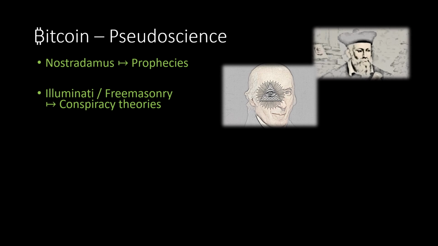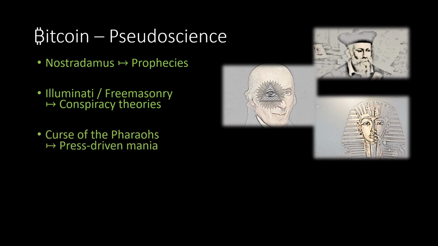Some people might even say Bitcoin had been invented by them, and it's very hard to disprove this, as this is more like rumor-based stories rather than facts. In the height of the Egyptomania about 100 years ago, it was very popular to believe in the curse of the pharaohs, which was mainly driven by a press that needed stories rather than any scientific evidence.